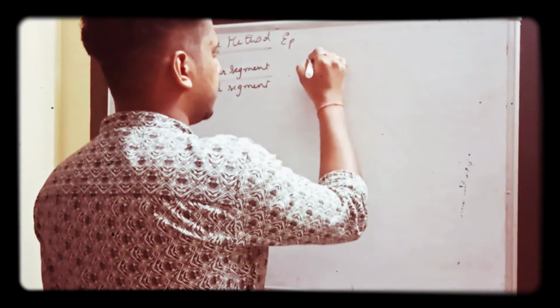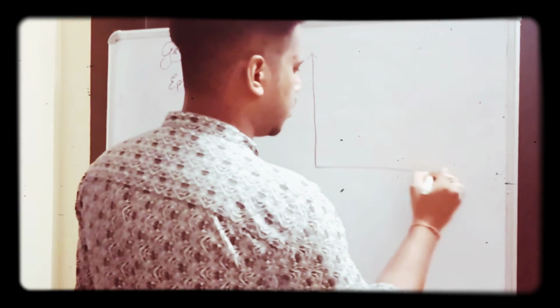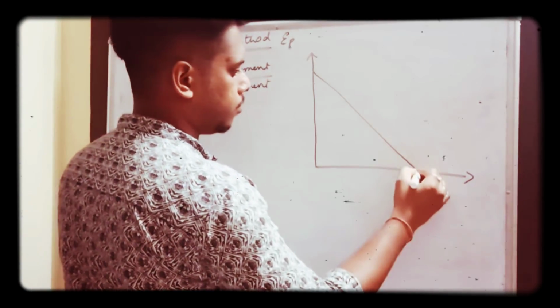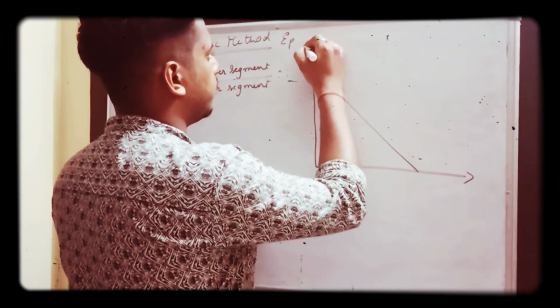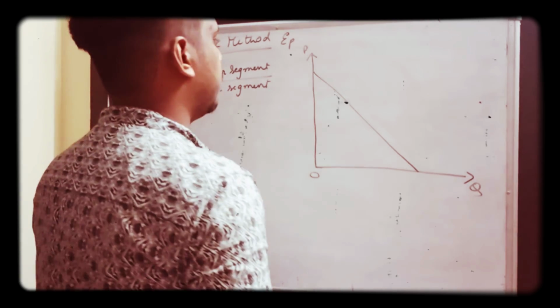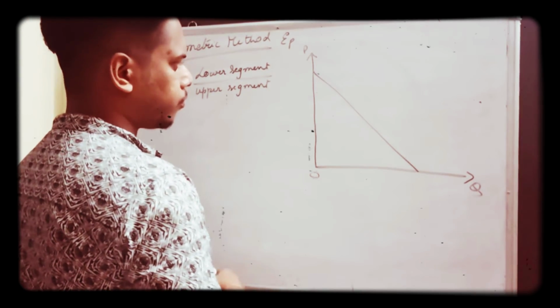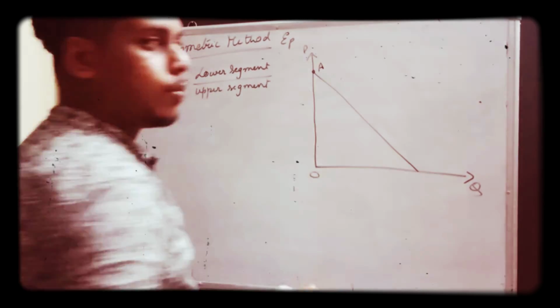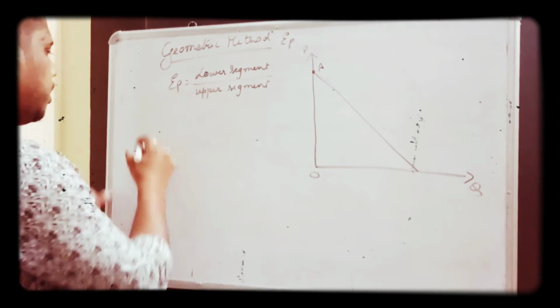So this is the demand curve, prices over here, quantity is over here. First, consider this point A. What is the elasticity at point A?